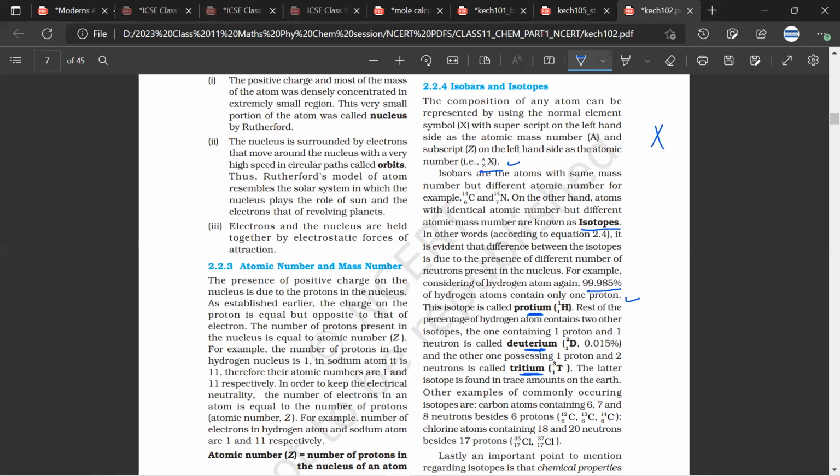And the nomenclature that is followed is X with A and Z, where A is the mass number. The mass number is written above, and the atomic number is written below.